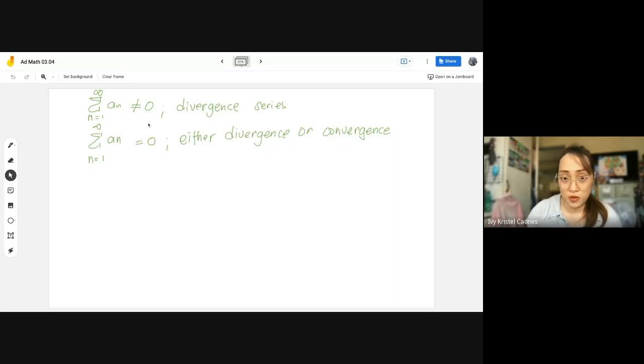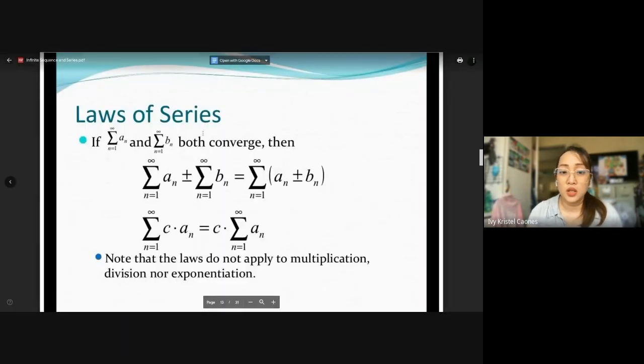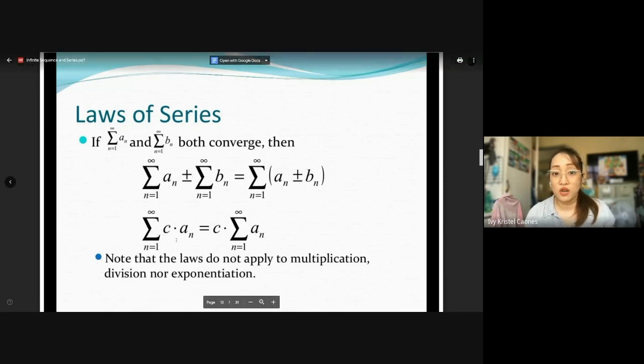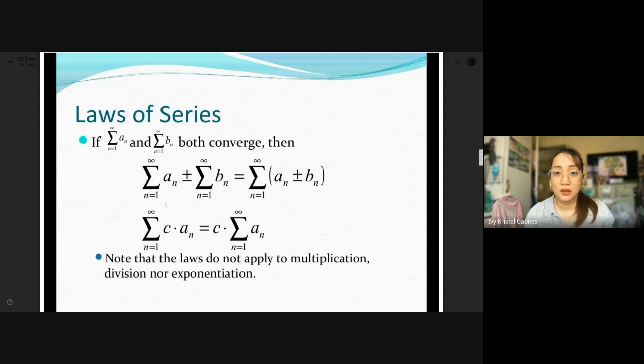Yung una mong ipa-perform is the divergence test to determine if that specific series is divergence, or mamimili ka if magda-diverge siya or magko-converge. So in laws of series, wala nang product, wala ding fraction, wala ding exponentiation. So sum and difference lang and the multiplication of the constant. Yun lang ang meron sa laws of series.